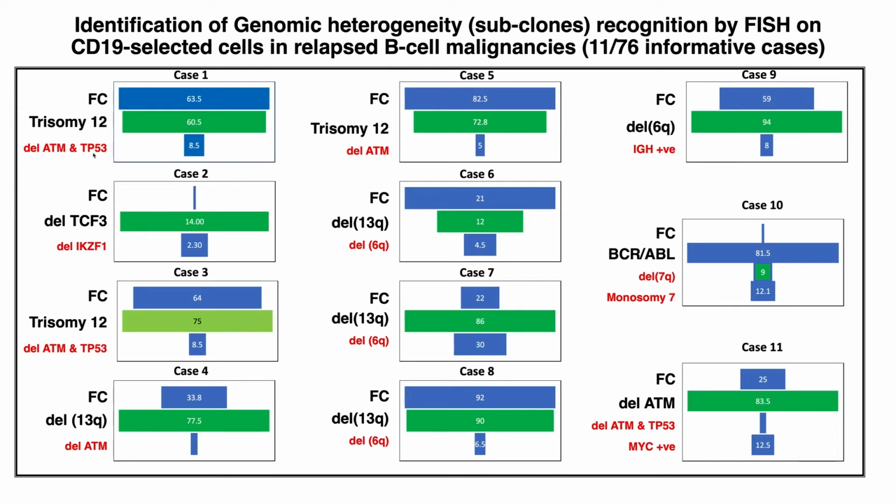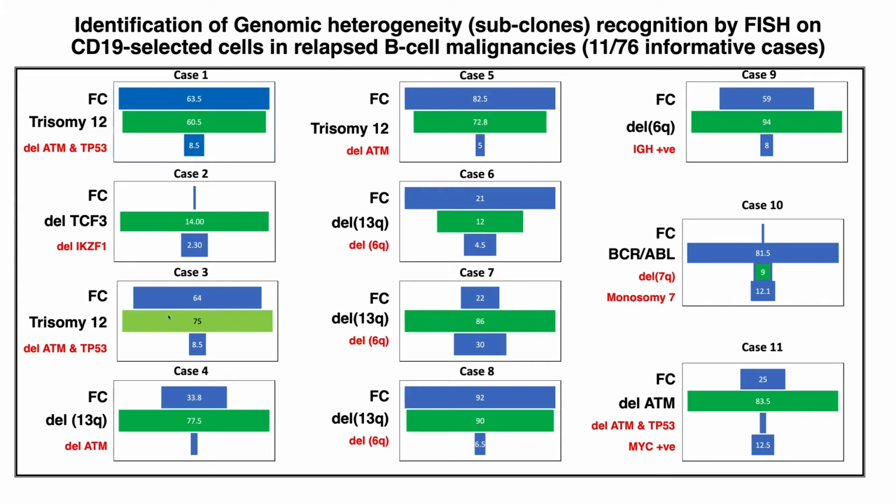markings. So if you look at case number 1, the stem line has trisomy 12 in 60.5% cells, whereas deletion of ATM P53 in 8.5% cells. Similarly, in case number 2, IKZF1 is in lower frequency.